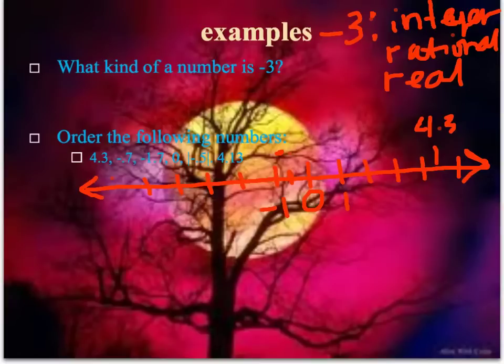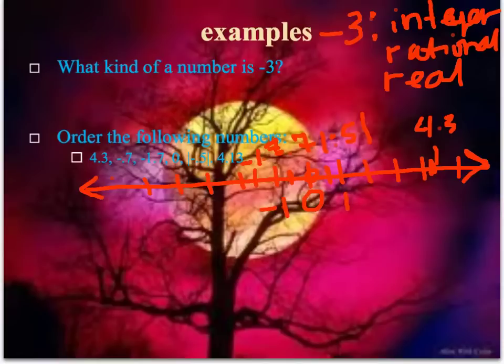Negative 1.7 is between negative 1 and negative 2. 0 is right there. The absolute value of negative 0.5. Well, the absolute value of a negative, that's positive, so that falls right there. And then I've got 4.13, which is less than 4.3 but more than 4, so it's right about there.